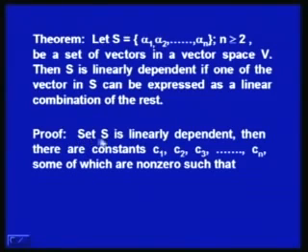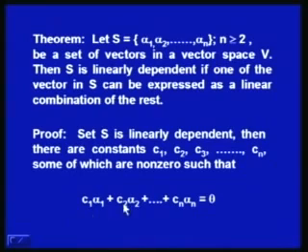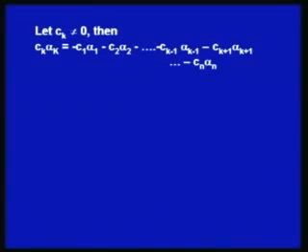we have given a set S as linearly dependent, then there are constants C1, C2, C3, up to Cn, some of which are non-zero. So we will have C1 alpha 1 plus C2 alpha 2 plus up to Cn alpha n equal to the null vector. This is what we have from the very definition of the dependent set S. Now we consider Ck to be non-zero.